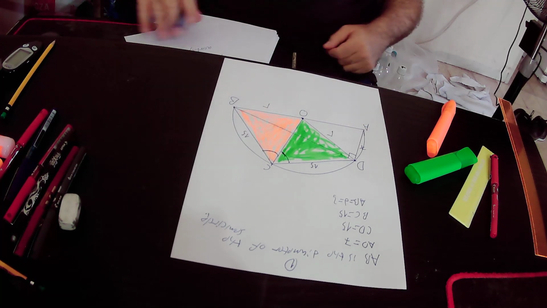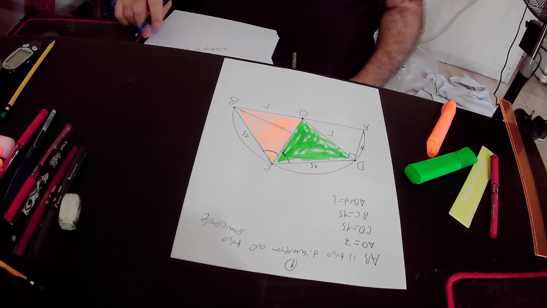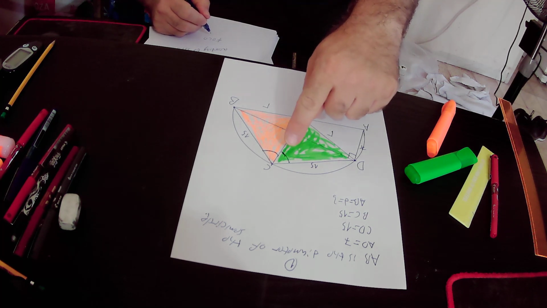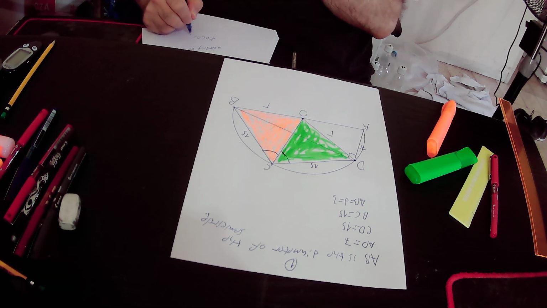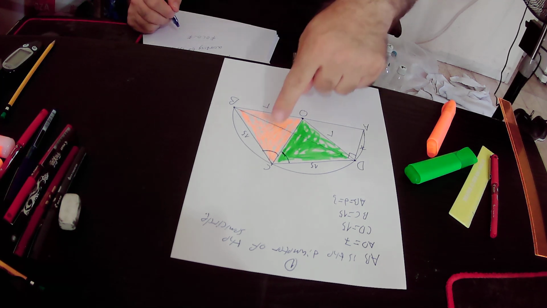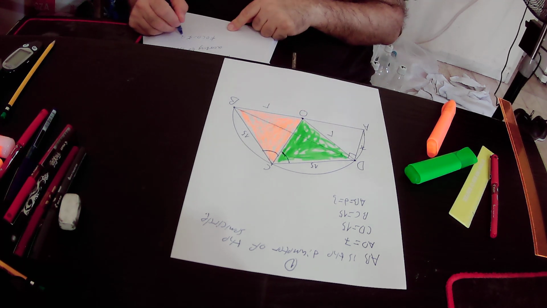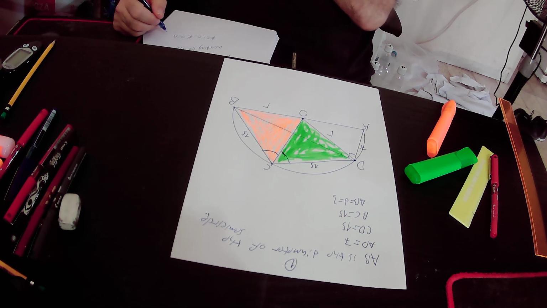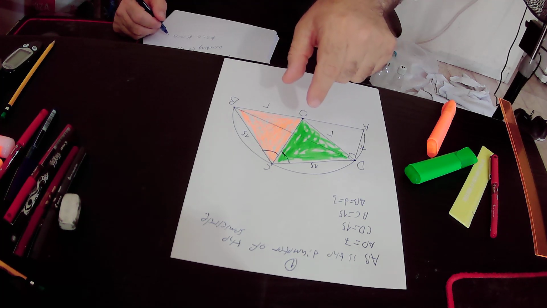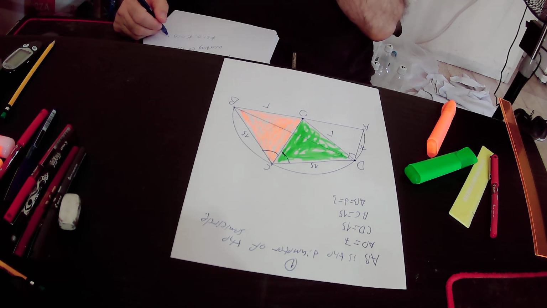Again, angle OCD of the green triangle, this angle, is equal to angle OCB of the orange triangle, according to the rule that corresponding angles in congruent triangles are equal to each other.